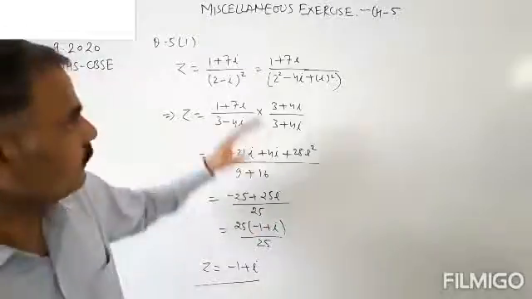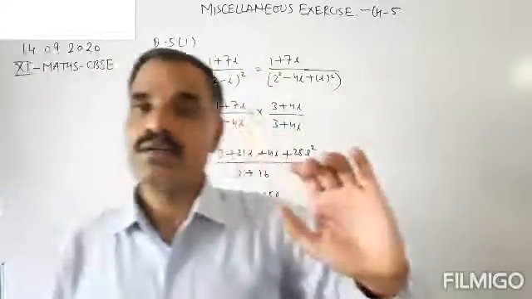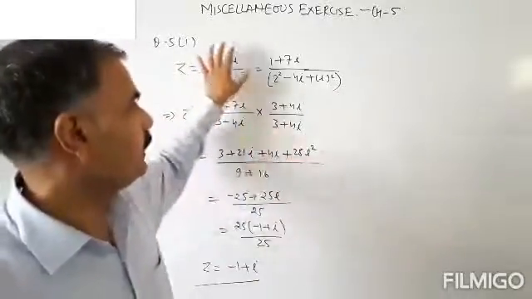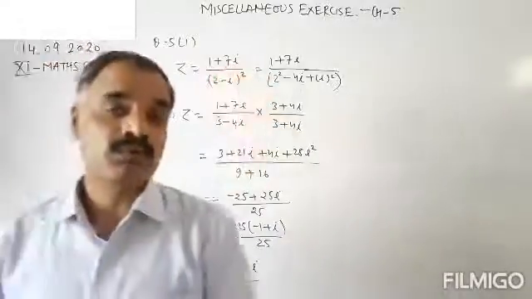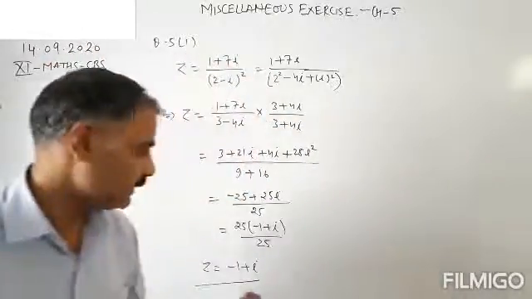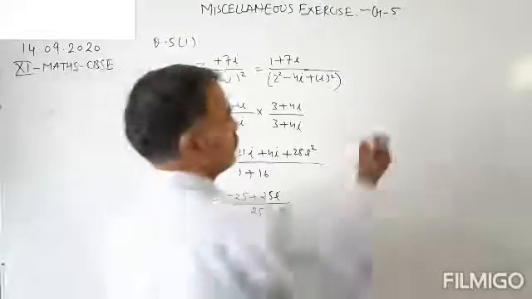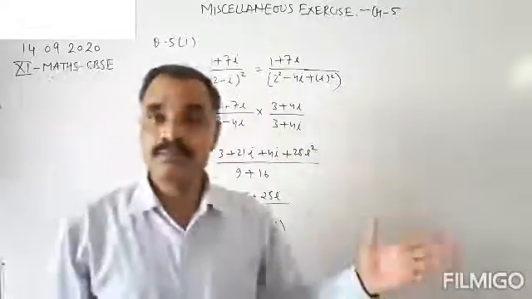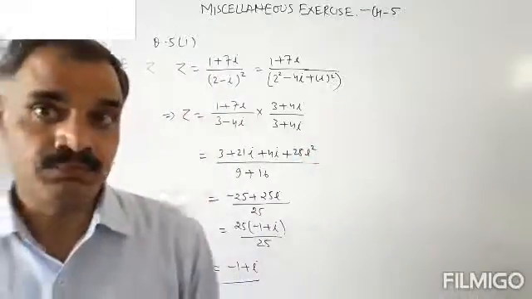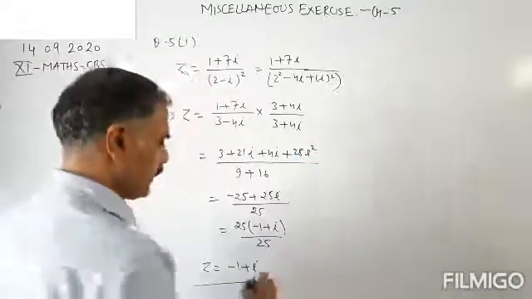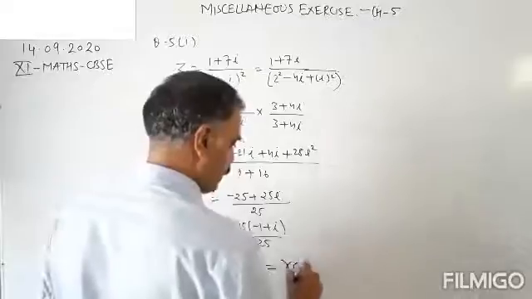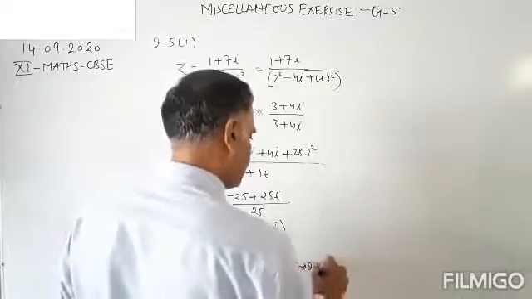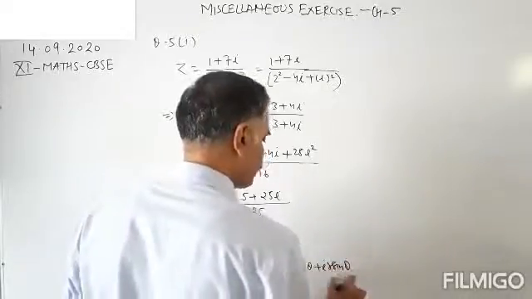Okay, first of all we have to obtain the standard form of this complex number, and that is minus 1 plus iota. Now we have to convert this into polar form or trigonometric form. So let this equal r cos theta plus iota r sin theta, the polar form of the complex number.